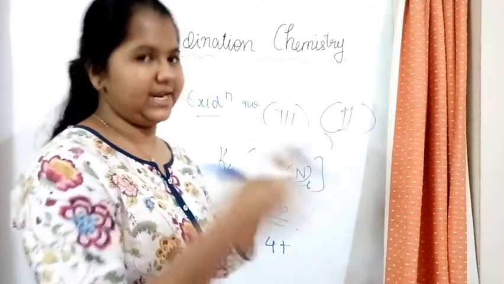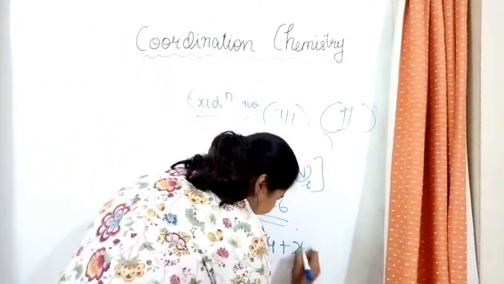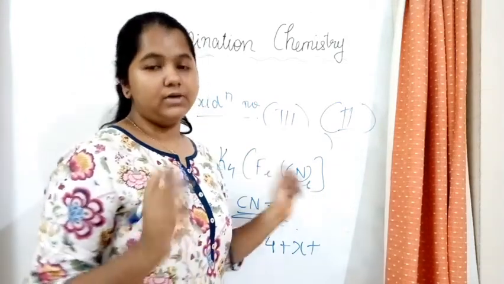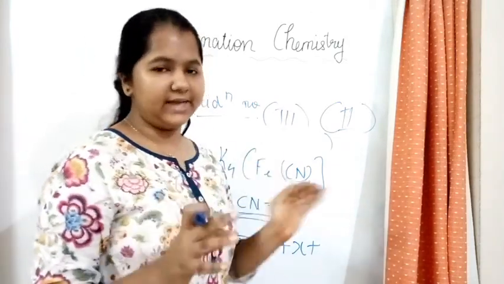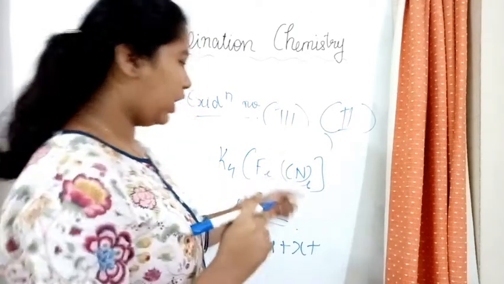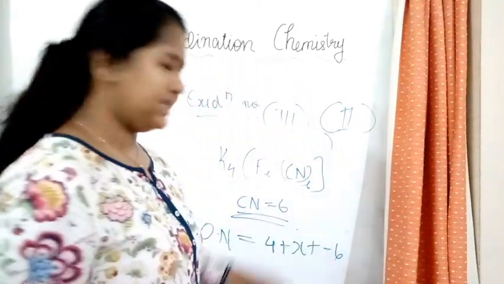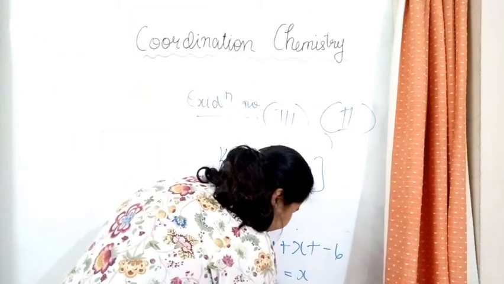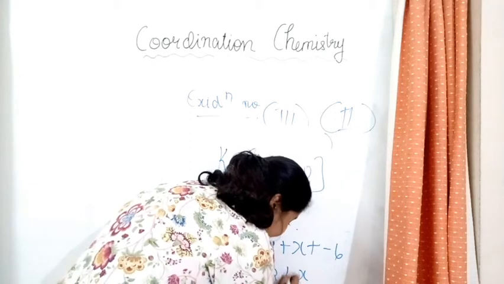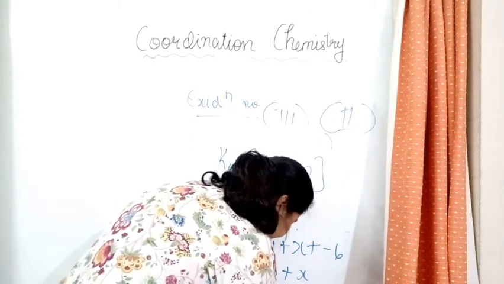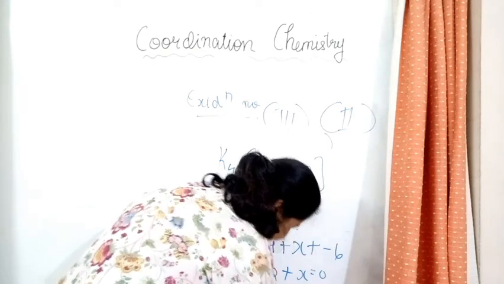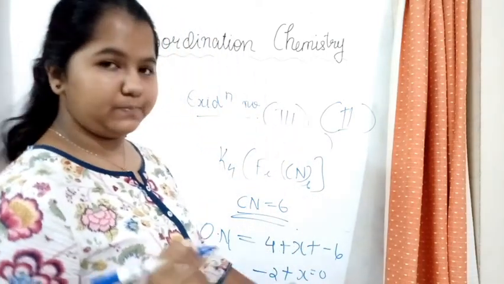So what would we mark it as? x or y or z, any variable. So x plus, what is the charge of CN, cyanide? That is minus 1. So how many are there? 6. So minus 6. Let's take this and solve this. So minus 2 plus x, and what is x? x is equal to plus 2.